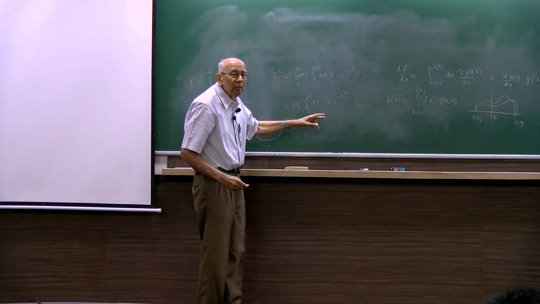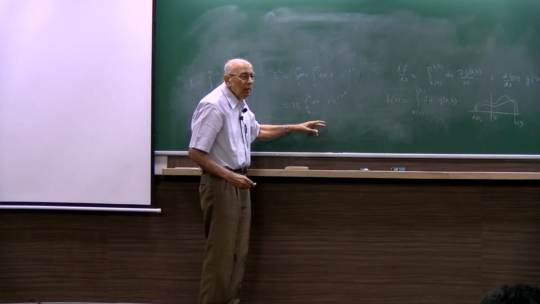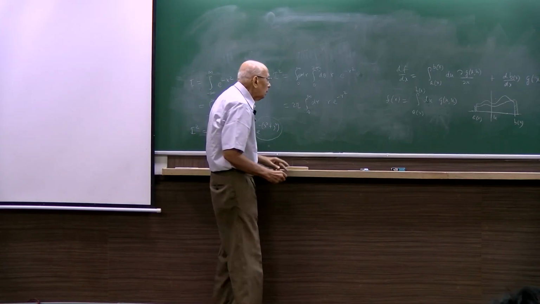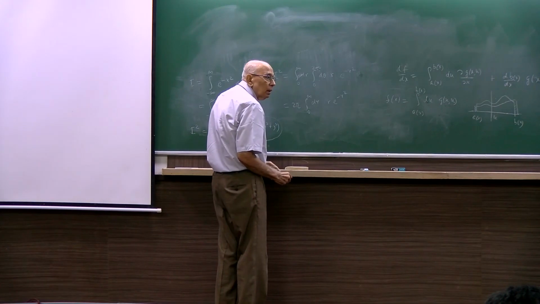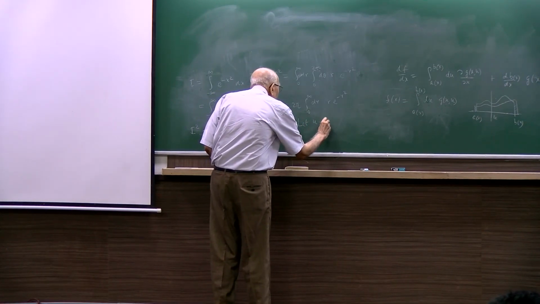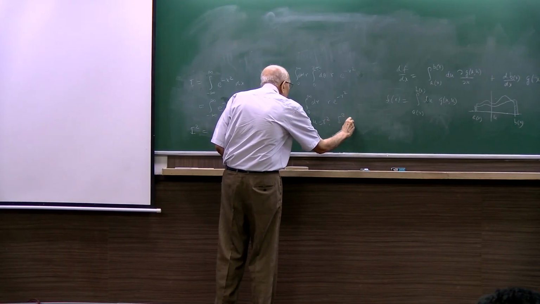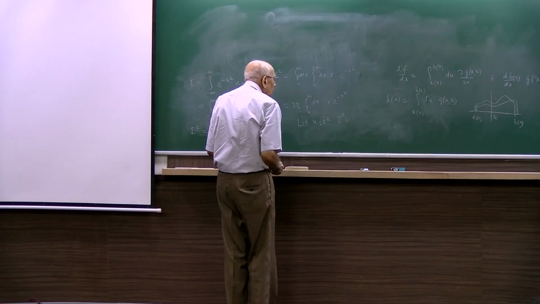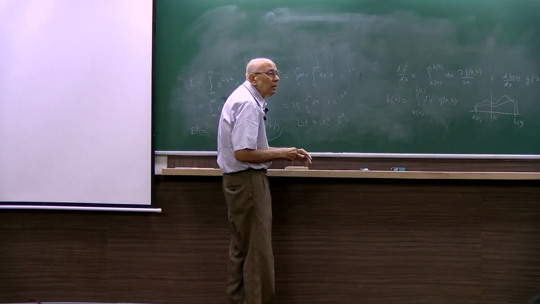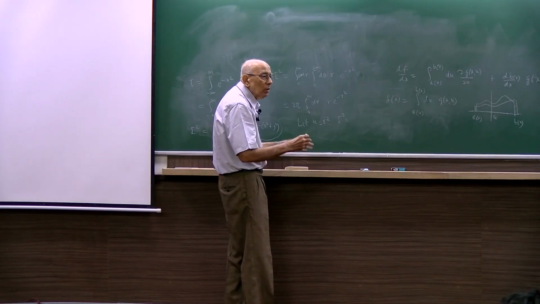Yeah, can I change variables? Put u equal to r squared. No, then the limits of integration will get screwed up. You want it to go from 0 to infinity.